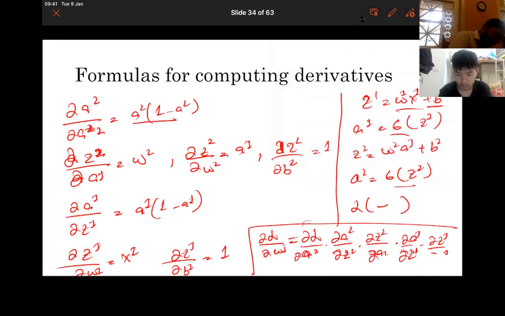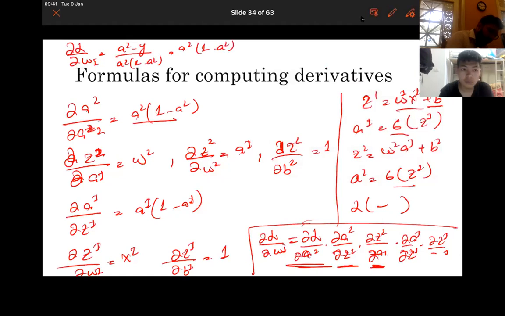So let me write them here. Partial derivative of L with respect to w1. So first, the partial derivative of L with respect to a2 is (a2 minus y) divided by a2(1 minus a2). Then a2 with respect to z2 is times a2(1 minus a2). Then z2 with respect to a1 is w2.